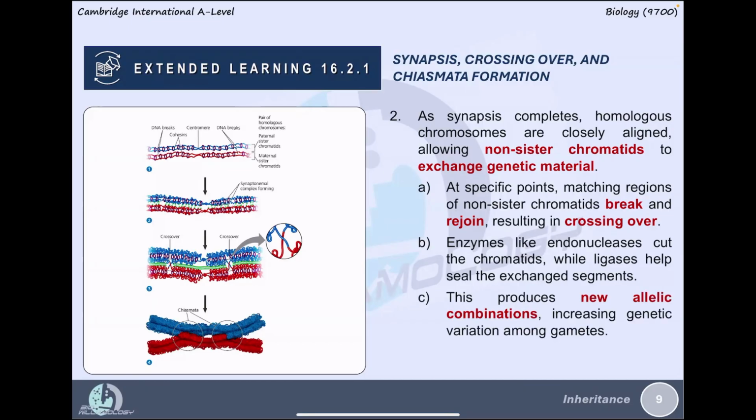So through this, crossing over produces new allelic combinations, where a single sister chromatid now contains paternal and maternal alleles within it, and this increases the genetic variation among the gametes.